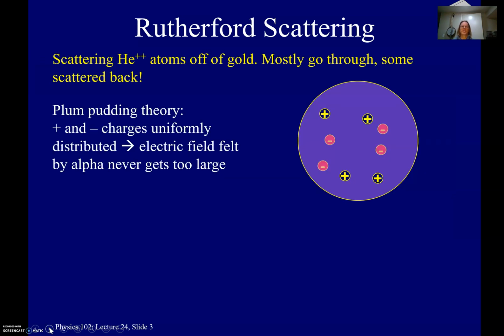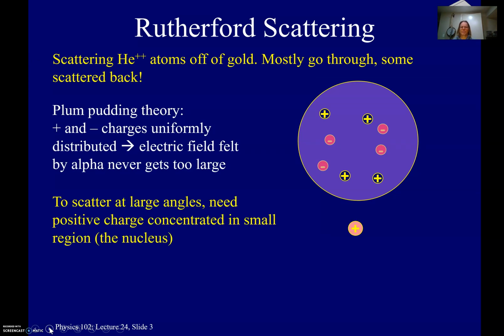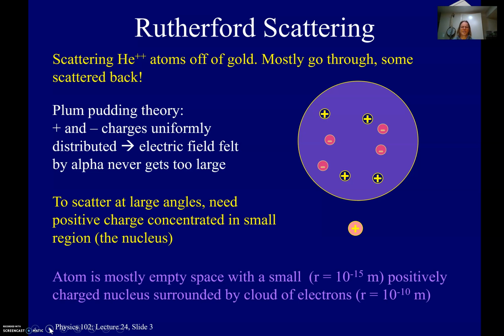So that plum pudding model fell through, because that's not what happens. So we're going to keep on running through. The atom is mainly empty space. All the mass is located at the very center in a very small radius, and most everything else is empty. You might say, hey, that's not a big difference in size. That's a flippin' huge difference in size.